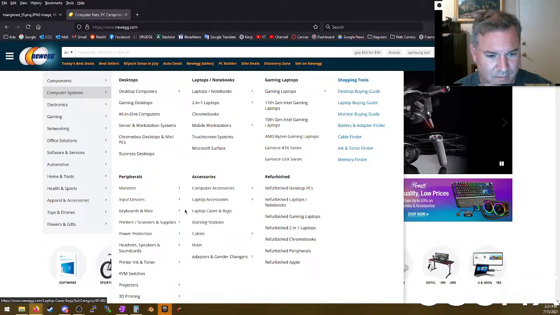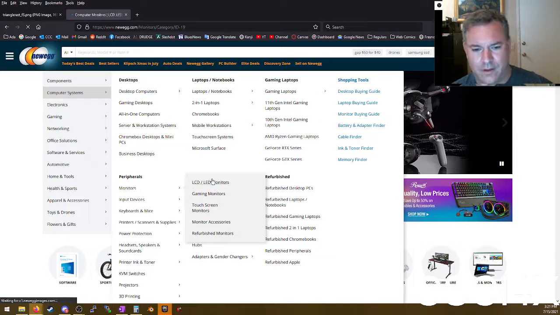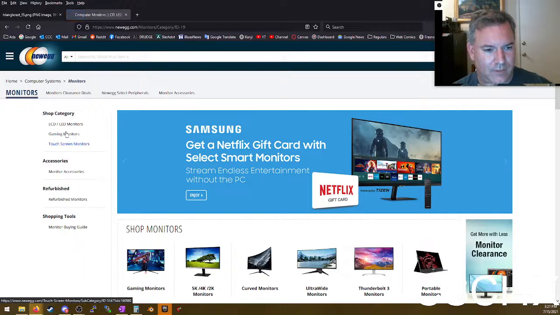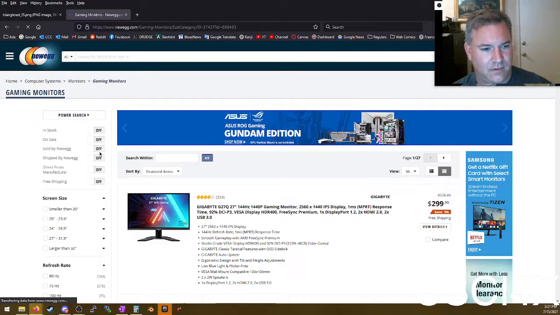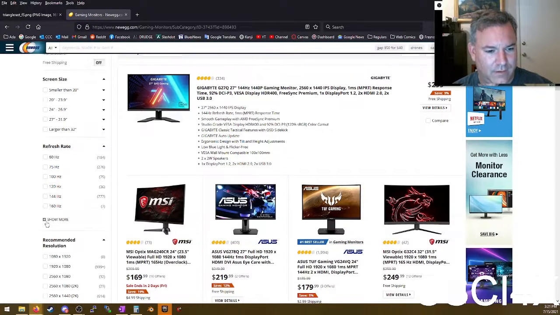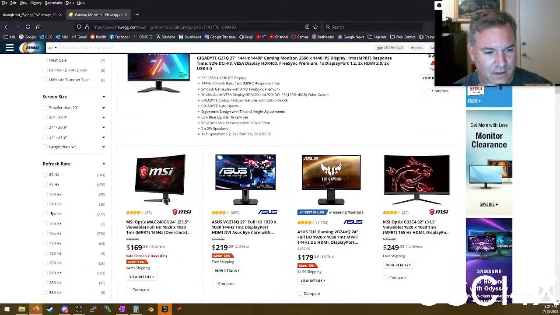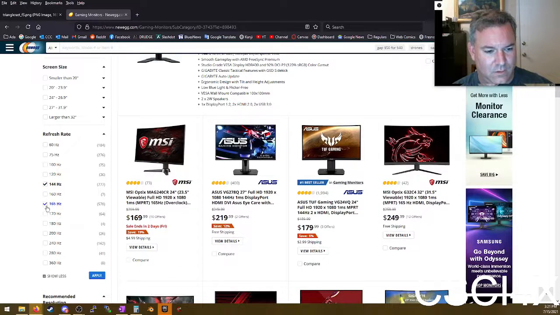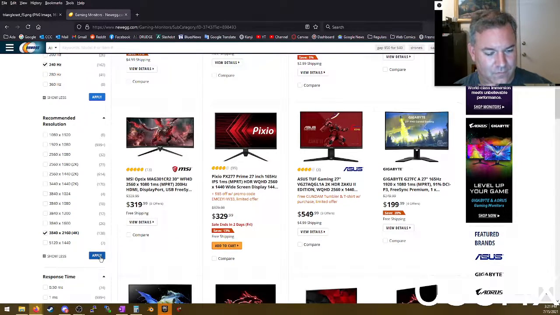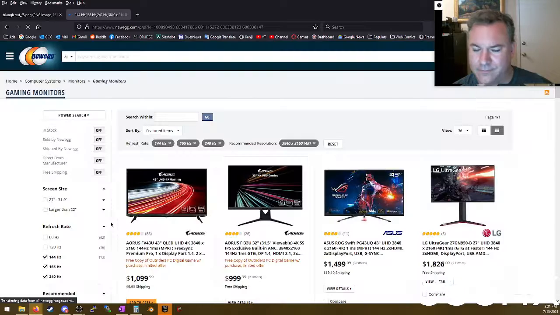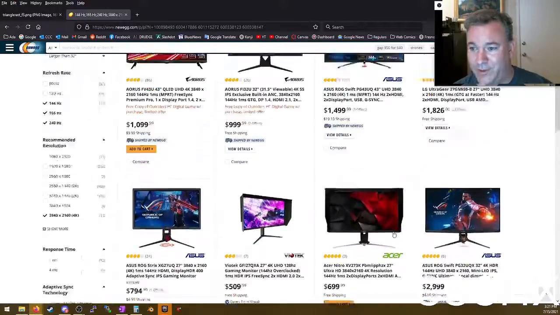Computer systems, monitors. Here we go. Gaming monitors. Okay. And so I would like to have a high speed, let's see, 144 hertz, or up to 240 maybe, at 4K resolution. And there's this many of them.